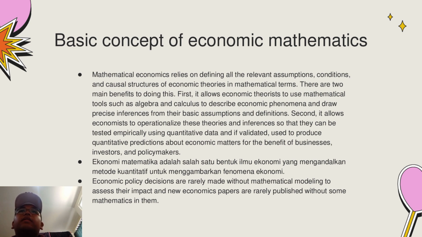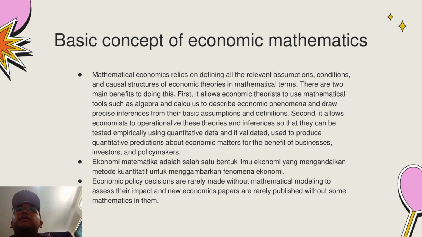Mathematical economics relies on defining all the relevant assumptions, conditions, and causal structures of economic theory in mathematical terms. There are two main benefits to doing this. First, it allows economic theory to use mathematical tools such as algebra and calculus to describe economic phenomena and draw inferences from their basic assumptions and definitions.